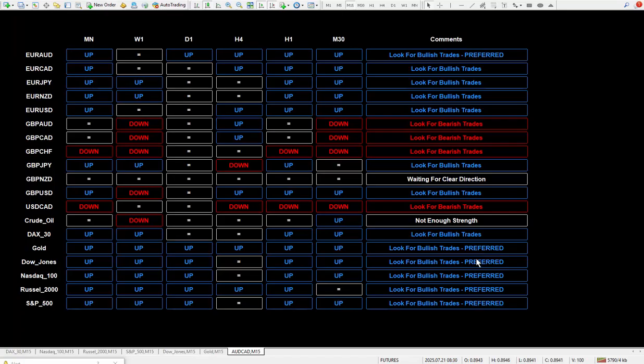The futures, a lot of them are preferred, and the odd time it'll be in white, either waiting for a clear direction or not enough strength. But usually within the hour this will either turn red or blue, and then you can continue your trading if you want to trade these ones that are a little bit weak at the moment.